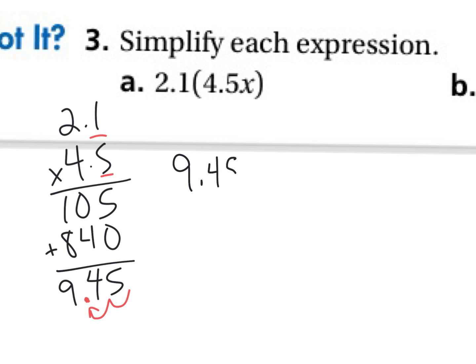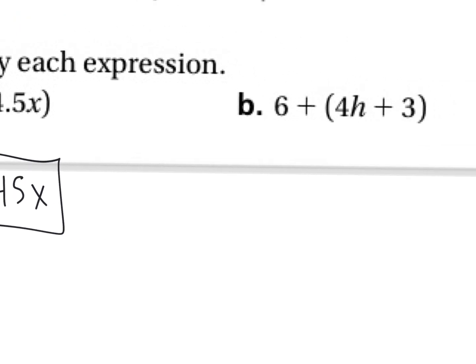And then we can put an x after it, so that would be 9 and 45/100ths x. If you get a lot of problems like that, we could do it on the calculator just to make it quicker, but understand on your test you're probably going to need to use a calculator for those.